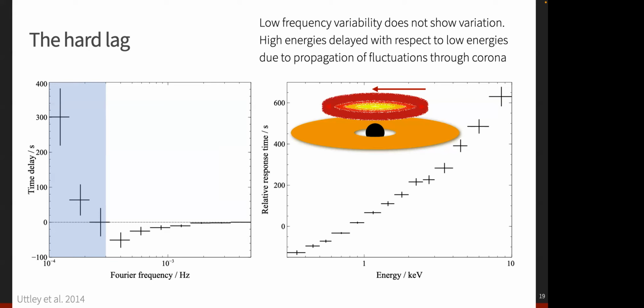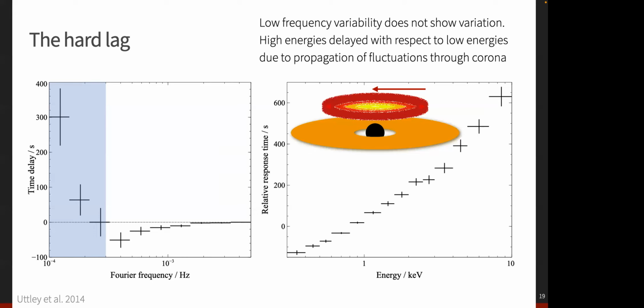We've got high energy areas, we've got low energy areas. And with the accretion, things are propagating inwards. So if every time our signal varies, the variation starts out at large radius in the cool corona, and then it propagates inwards and then reaches the hot inner part of the corona later, then we expect the high energy X-rays that mostly come from the hotter part of the corona to always respond later.